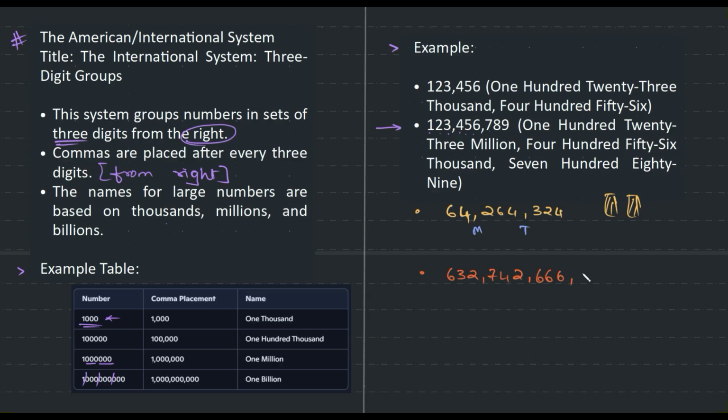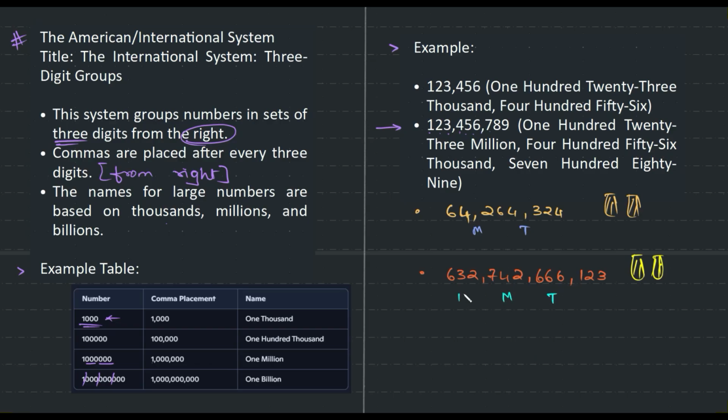Yeah, again, pause. And you have to come up with the answer. These are all a bunch of thousands. Then after that, million.